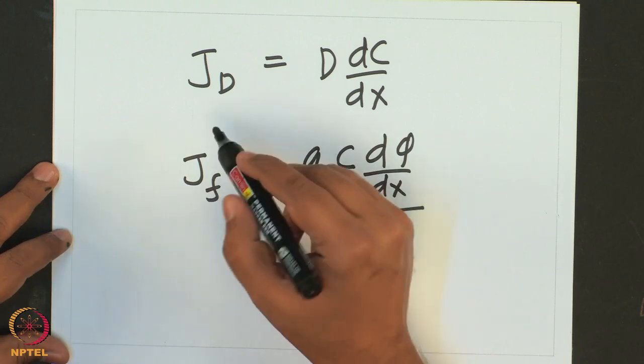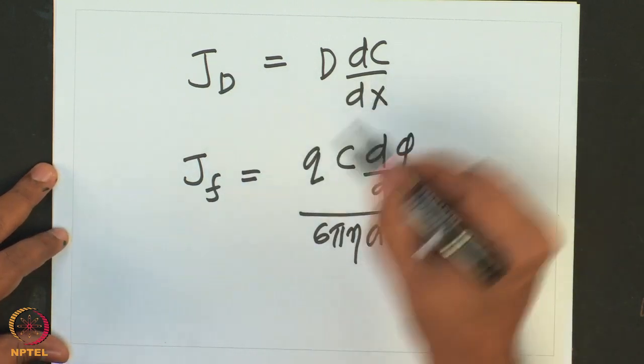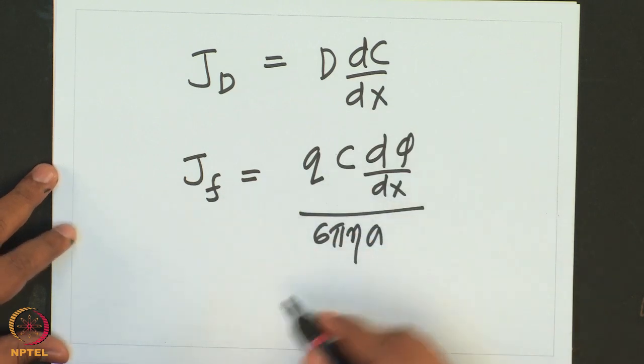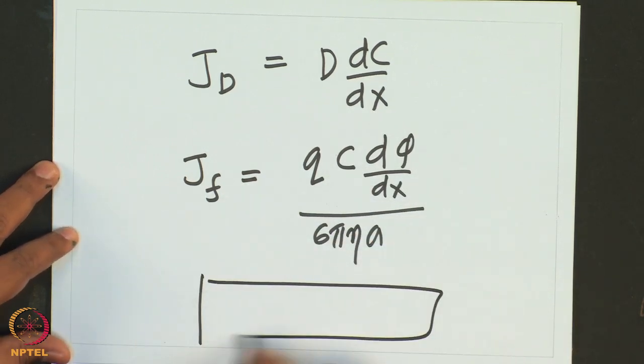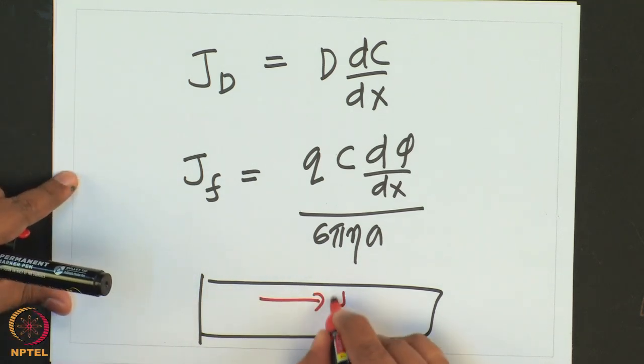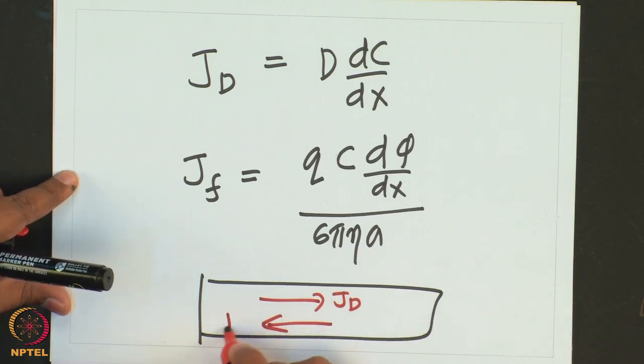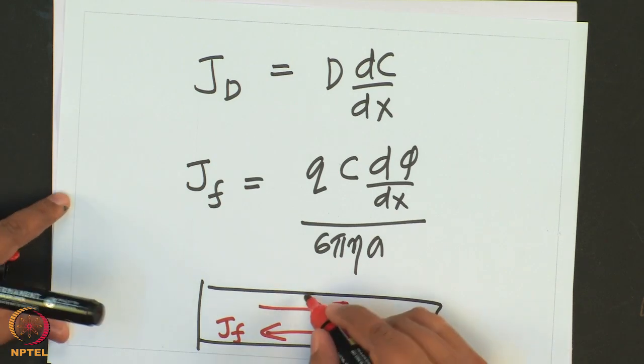So we have two currents: the diffusional current and the current due to the force. The diffusion current would want things to be flowing this way, while the Jf will be in the opposite direction.